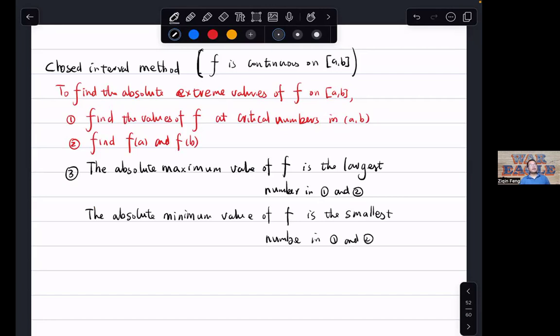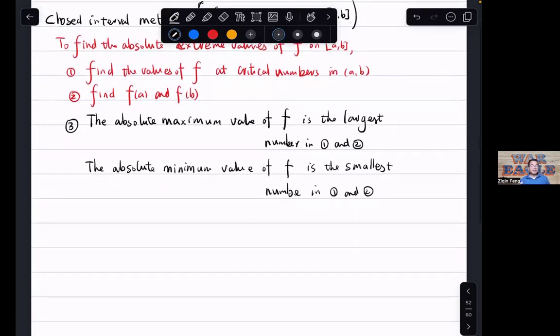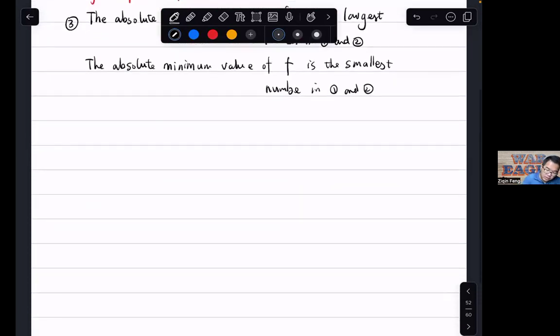Basically, that's how we identify the extreme function values if the function is continuous and the domain we are interested in is closed and bounded. So let's see an example.